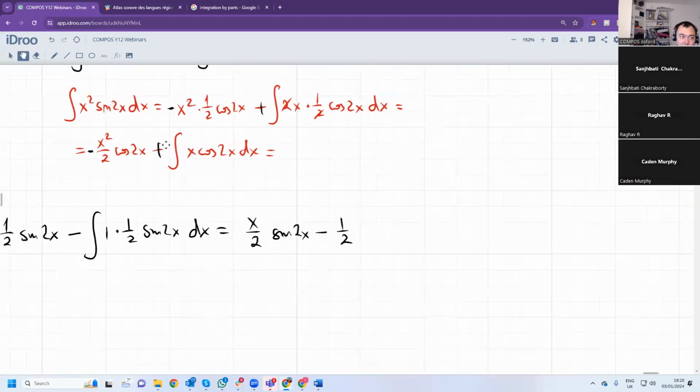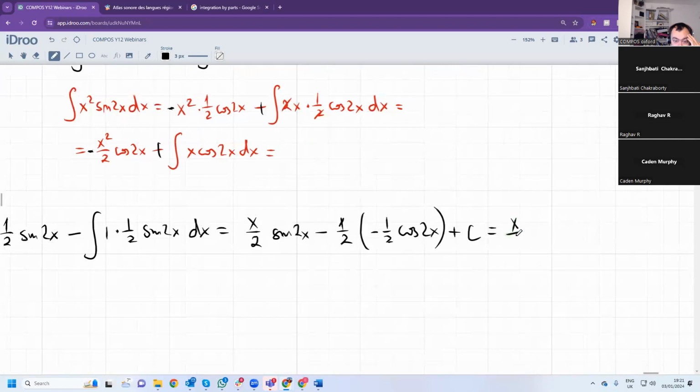So which function, when differentiated, gives you sine 2x? Well, it's going to be minus 1/2 cos 2x, because the derivative of minus 1/2 cos 2x is sine 2x, plus c, of course.